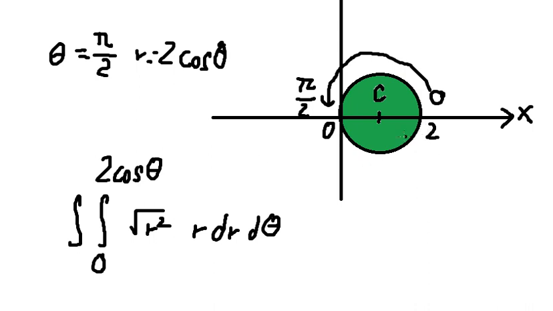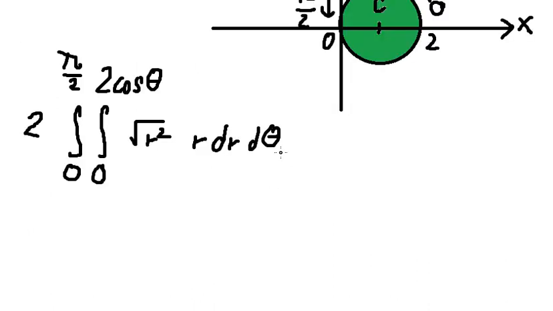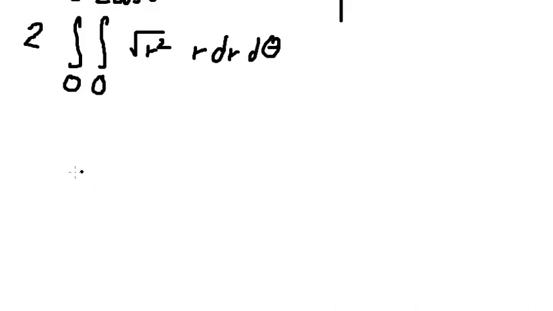So in this situation, because this is symmetric, about a half of the circle in the upper and the lower, I will put number 2 in here. And the bounds of theta should be from 0 to pi over 2. And then we can find the value of these double integrals.